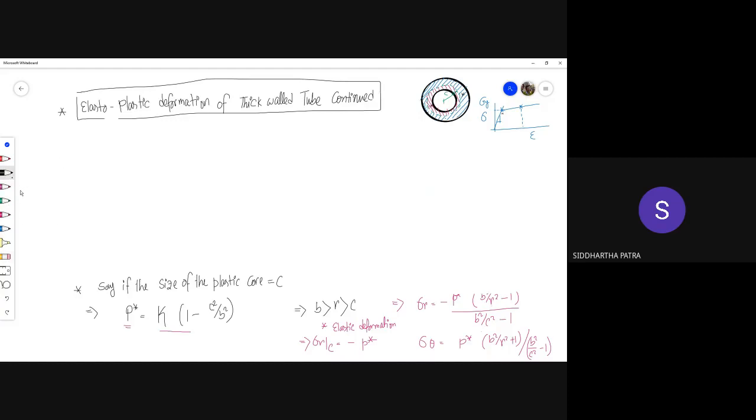So for r between C and A, the difference between sigma theta and sigma r must be twice k.